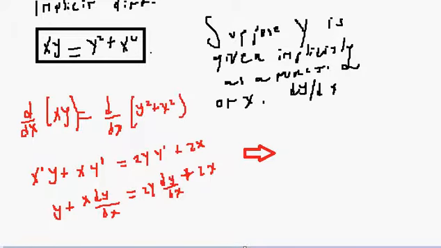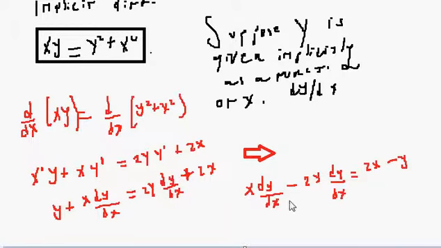This implies that x dy dx minus 2y dy dx, since I'm adding negative 2y dy dx to both sides, is equal to 2x, and I am adding a minus y on this side.